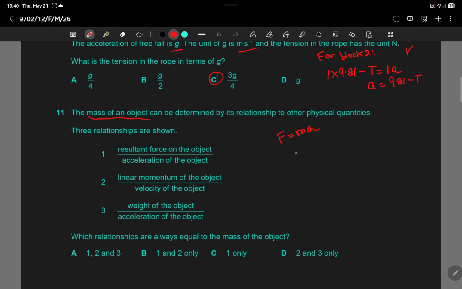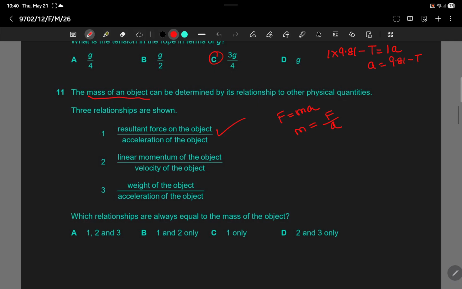So if we take m, it's force by acceleration, the resultant force on it. Okay, so this is correct. The linear momentum of an object by velocity. So momentum equals mass into velocity. We take mass as the subject, momentum by velocity. So this is also correct.